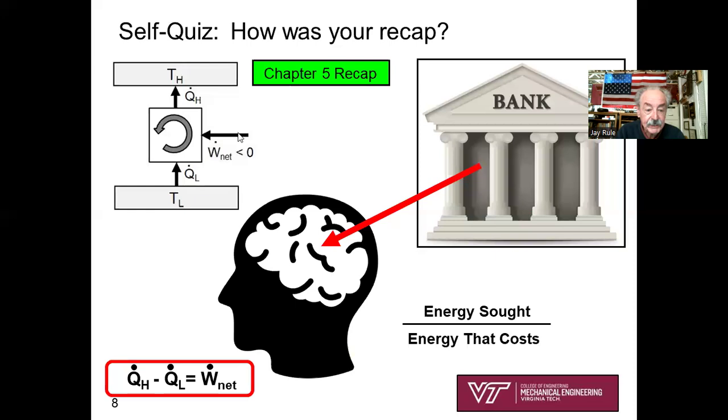Also, the basic schematic I hope you have in your head for a refrigeration cycle. And the first law for any system operating in a cycle, Q dot H minus Q dot L equals W dot net. And that's simply a matter of looking at the direction arrows, and with your eyes, you can see how Q dot H must add up to this value plus this value.